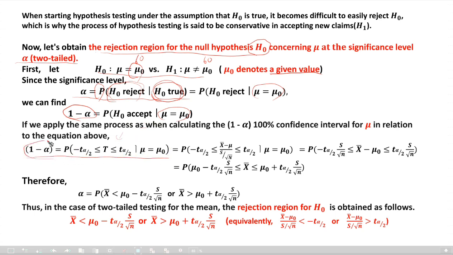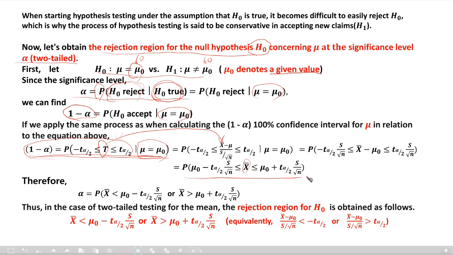You remember this equation? But here in hypothesis testing, we have to assume H0 is true, that is mu equal to mu 0. So just change a letter here. Then the same process, and we just want to leave x bar in the center. Then we get this kind of result.